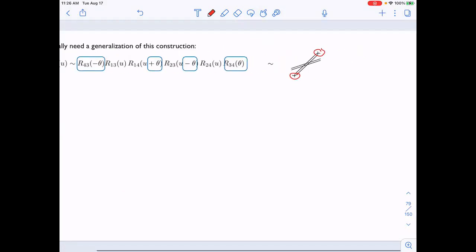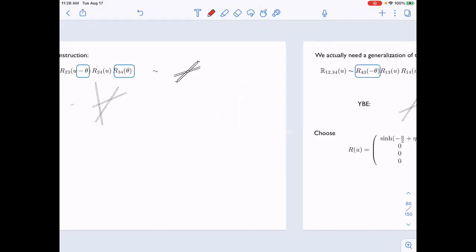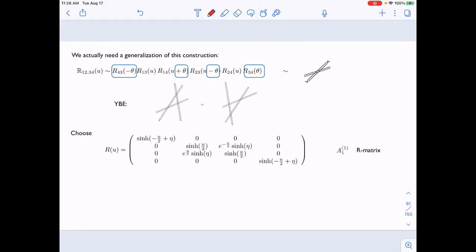And again, one can show that these satisfy the Yang-Baxter equation. So this is actually working for basically any R matrix which satisfies Yang-Baxter and unitarity. For the model at hand, we're going to choose the R matrix to be the A1^(1) R matrix, which I've written here.